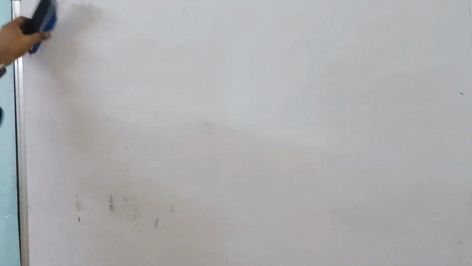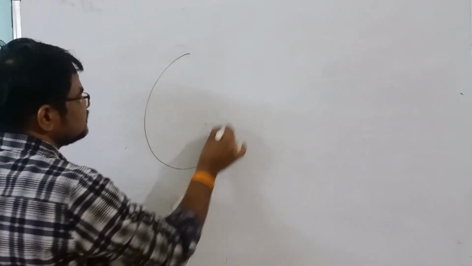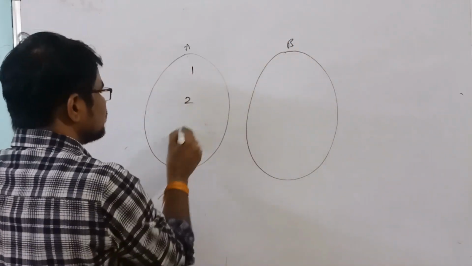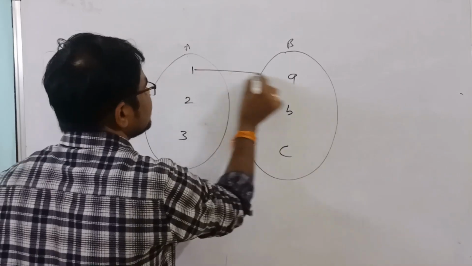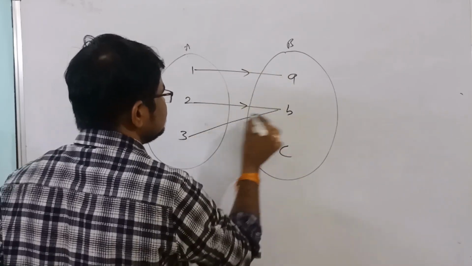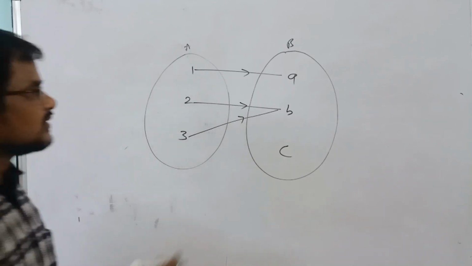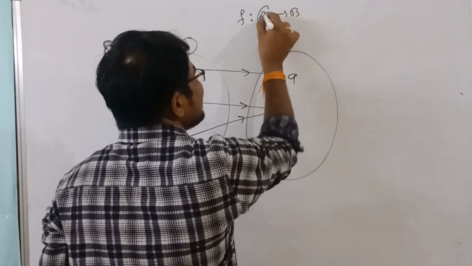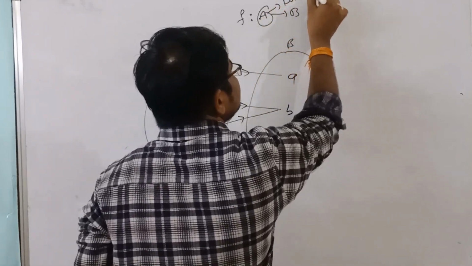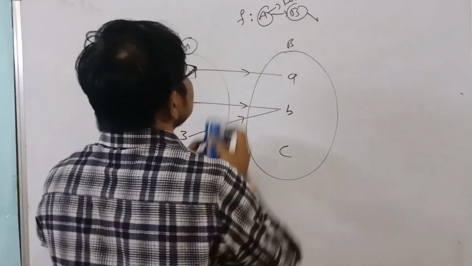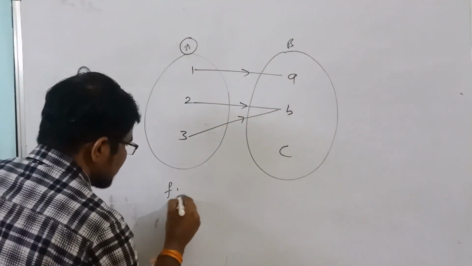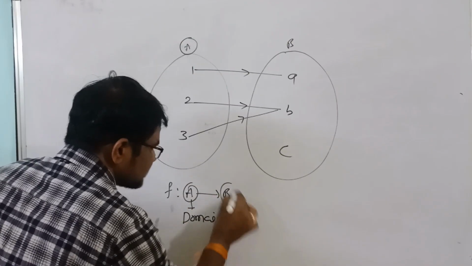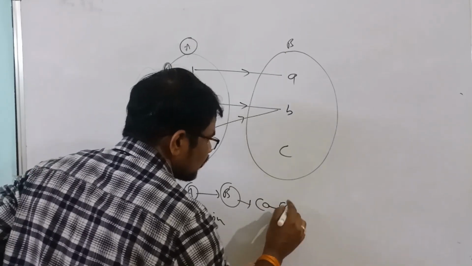Next, here you take this as A and this as B. Here 1, 2, 3 and A, B, C. Whenever a function maps from A to B, if f is mapping from A to B, A is called the domain of the function and B is called the codomain of the function.